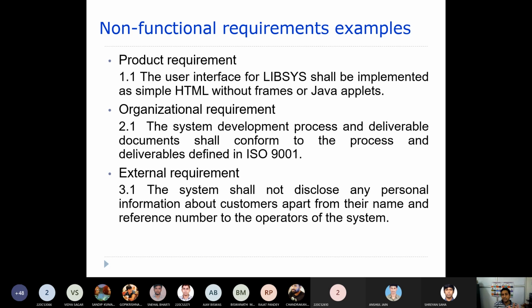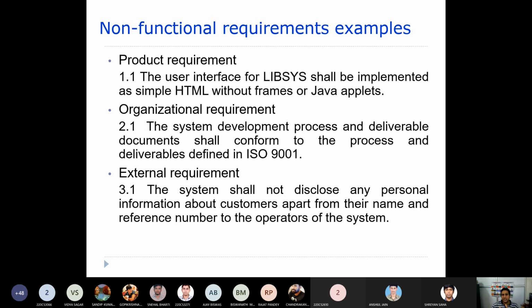If this is not a requirement, then the designer will think whether they should go with HTML or with frames or Java applets to display the data to the user. That is the way they will carry out their design.